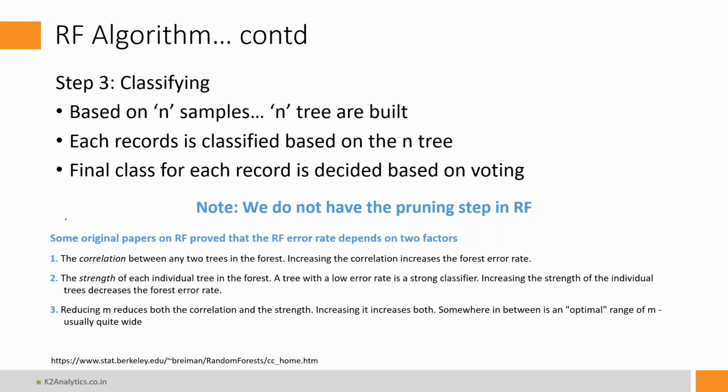Out of the 100 attributes, let us say 75 attributes are weak, 20 attributes are moderate, 5 attributes are strong. I repeat, 100 attributes, 75 weak, 20 moderate, and 5 are strong.